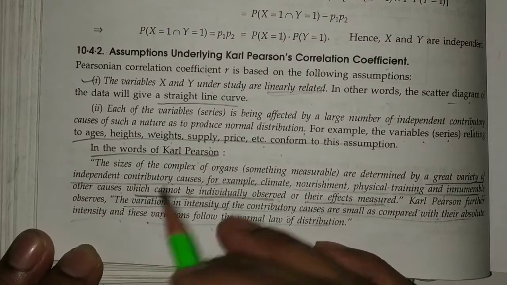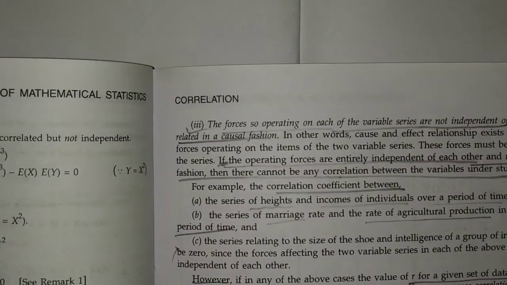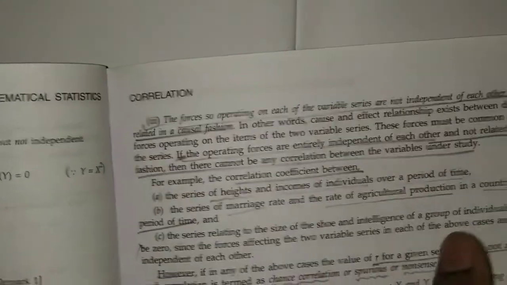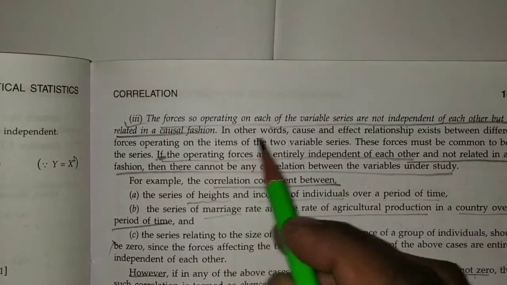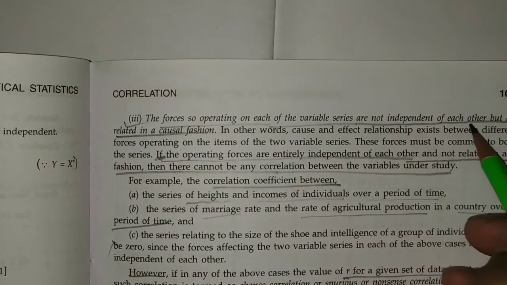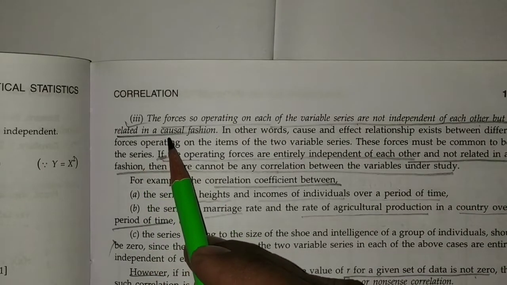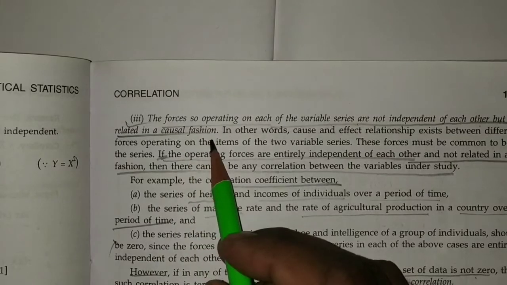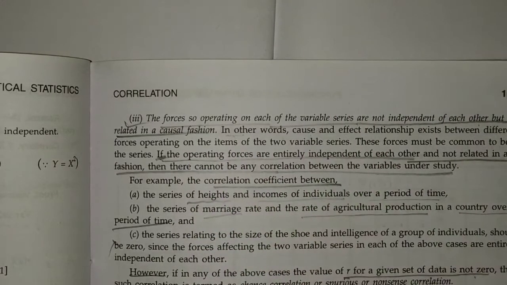Next, the third assumption: the forces operating on each variable series are not independent of each other but are related in a causal fashion. In other words, a cause and effect relationship, which is the most important line.